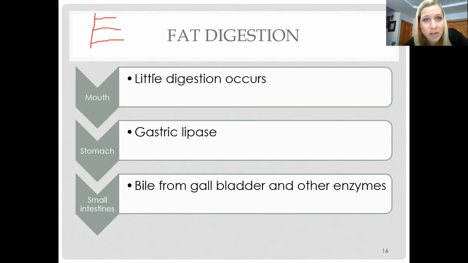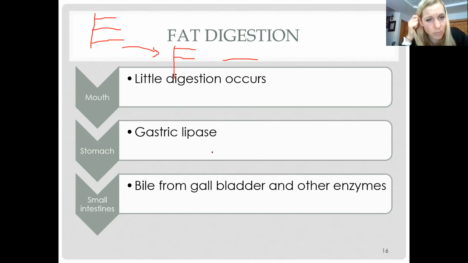The gastric lipase is going to break it down like this, into a diglyceride. So now I have 2 fatty acid tails and 1 free fatty acid. Diglyceride and then just a fatty acid molecule. That's basically what's happening within the stomach.